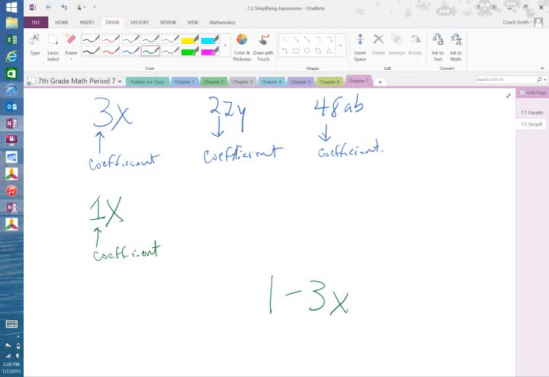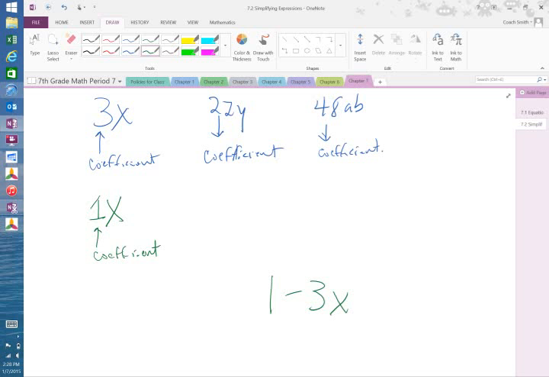Tristan? No. Lily? No. Quaid? No. Jacob? No. Now, listen. What is our rule? When we have subtraction problems, what are we always supposed to do?